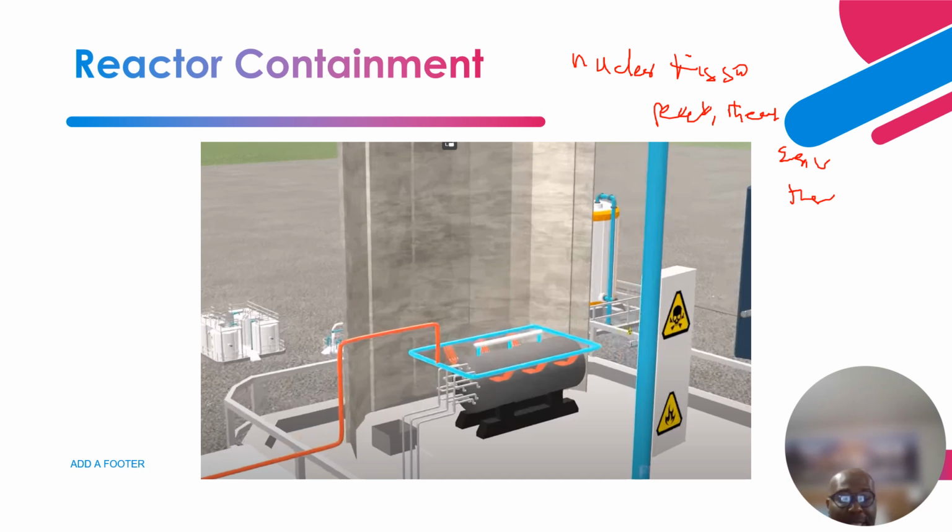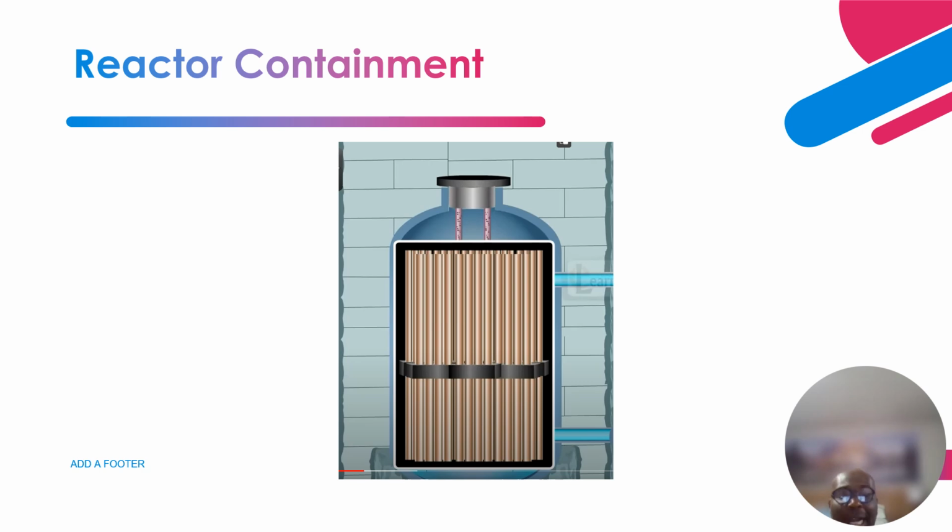Okay, so this is a picture of how a horizontal type of fuel assembly and containment looks like. We also have vertical mounted fuel assemblies, right?